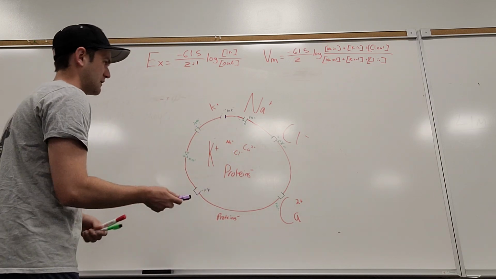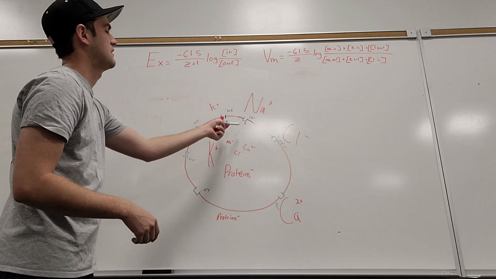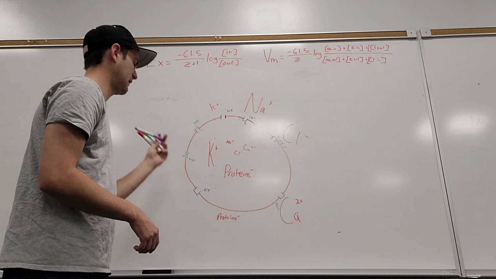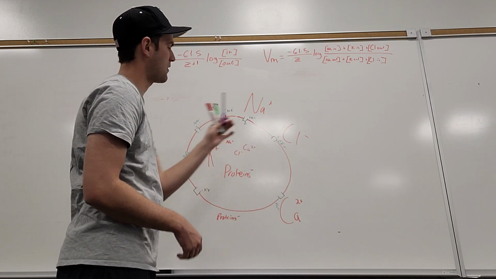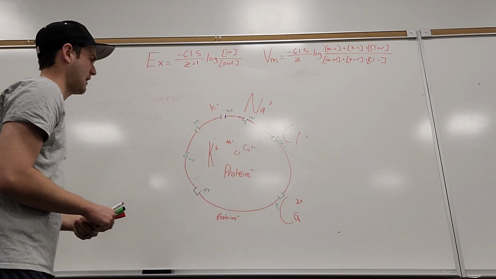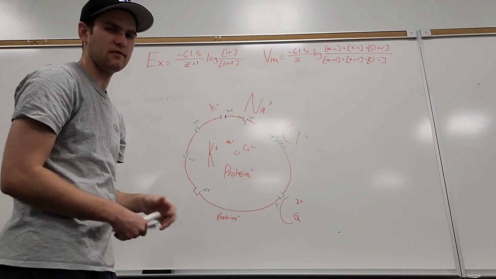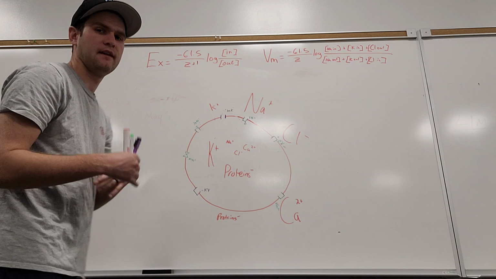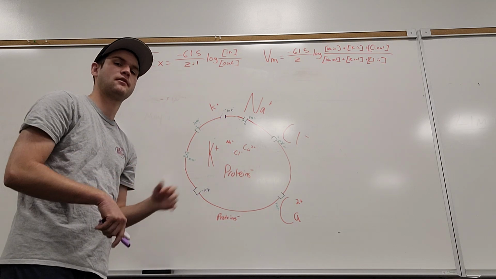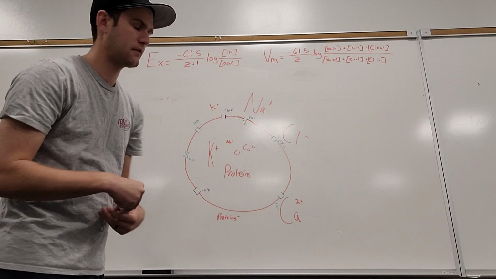So we have things like potassium leak channels, voltage-gated sodium channels, voltage-gated potassium channels, voltage-gated calcium and chloride channels. We also have things like mechanically gated and ligand-gated sodium channels, or even just cation channels. So there are lots of different channels and transporters around our cell membrane that are going to let specific ions in or out, right?